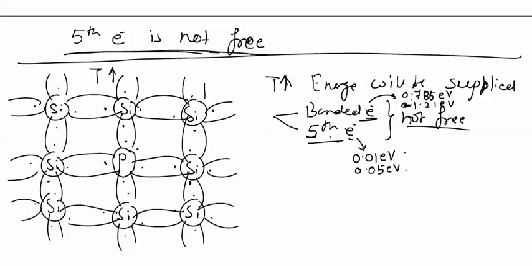As temperature increases, energy is supplied, and this fifth electron requires very little energy to overcome this force of attraction and become a free electron. With increase in temperature, this fifth electron will detach itself from the nucleus of phosphorus and become a free electron.